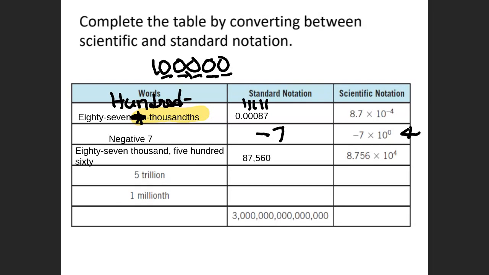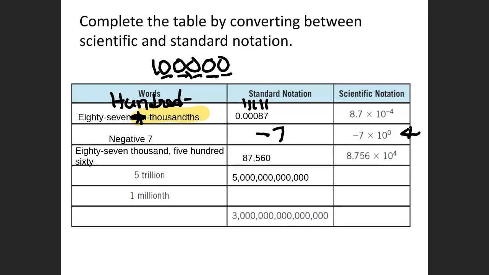Now, 5 trillion. Okay. This one has a lot of zeros. This is 5. 1, 2, 3. 1, 2, 3. 1, 2, 3. 1, 2, 3.